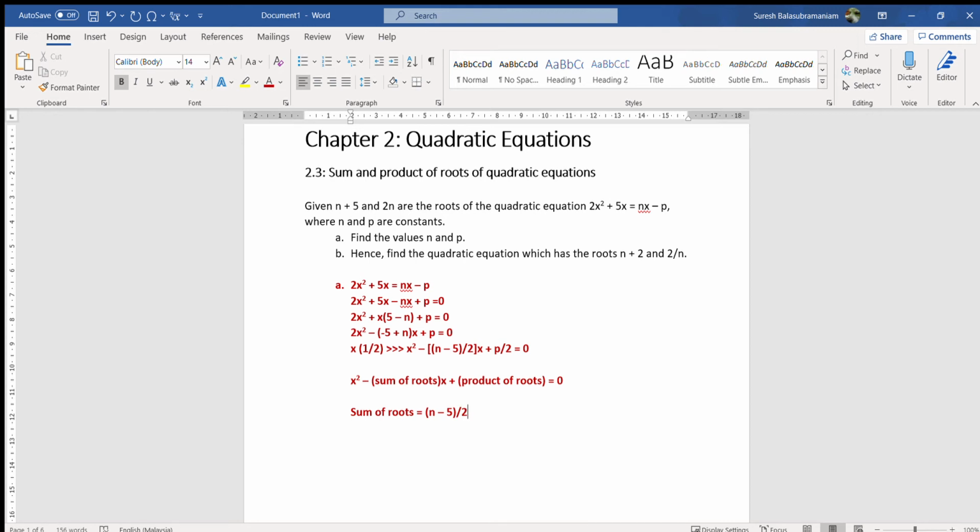And also I know from the roots given in the question, the roots are n plus 5 and 2n, so I can just add them. So n plus 5 plus 2n, I'm adding up the roots, equals n minus 5 over 2.